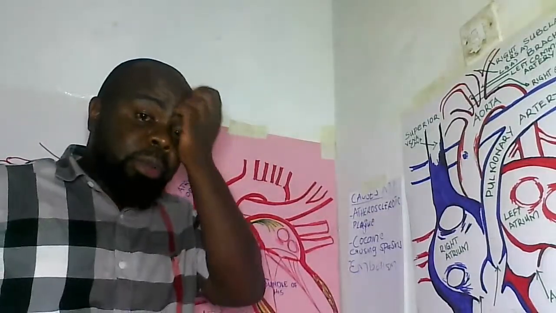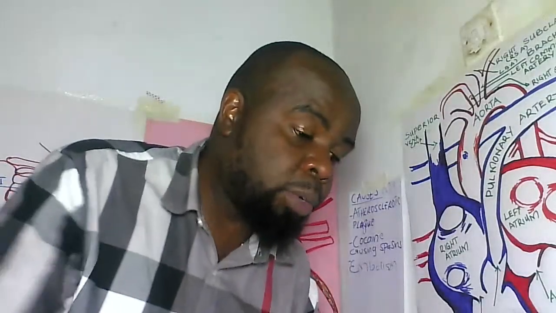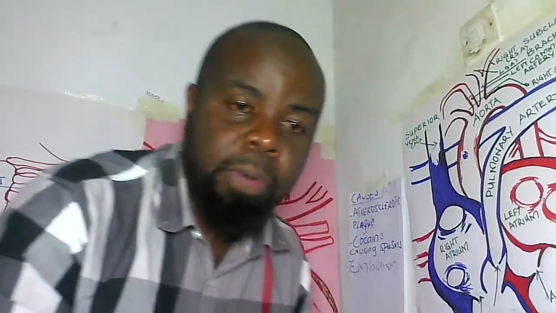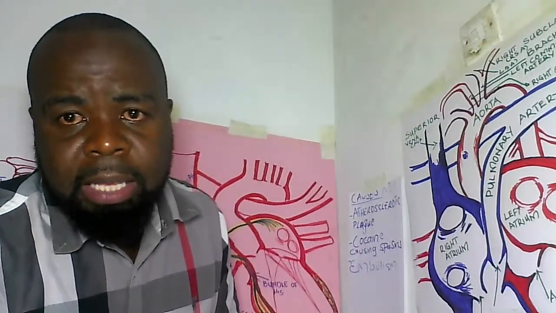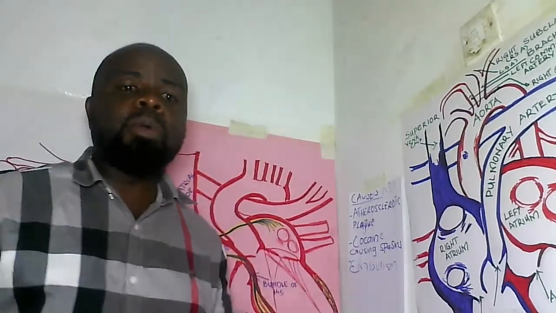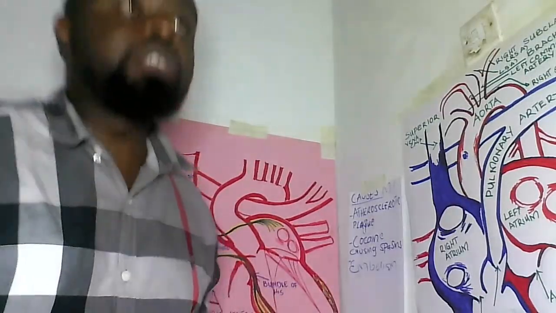Now we continue. We want to study some names, some very important things. Arrhythmias. We have said arrhythmias are abnormalities of the rate, rhythm, or conduction of the heartbeat. That one I was just explaining. Wait a minute.